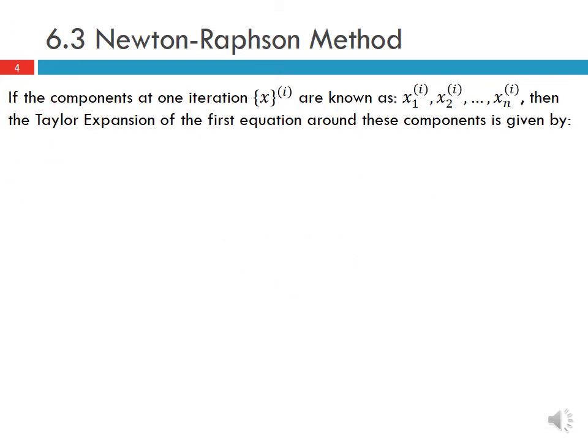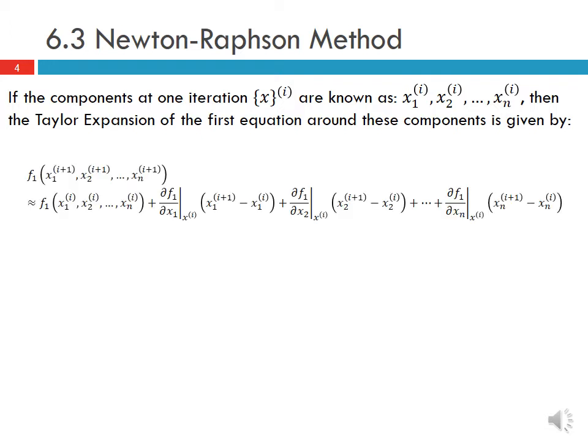If the components of our unknowns at a particular iteration, which we can say xi, are known as x1i, x2i, up to xni, then the Taylor expansion of the first equation around these components is given by the following.